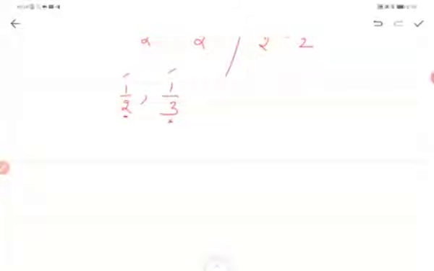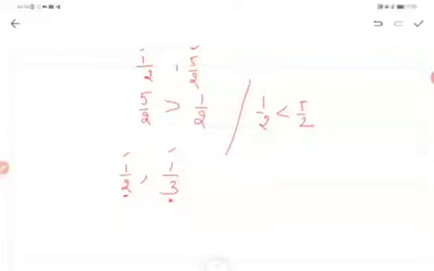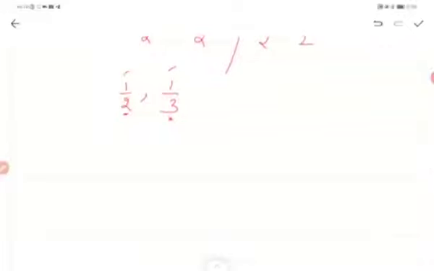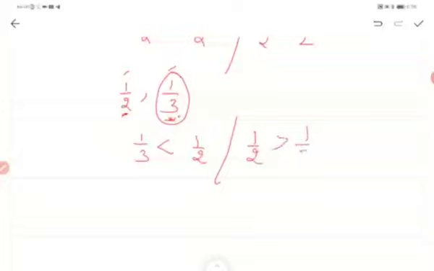Here it is opposite: where numerators are compared, the numerator which is greater is the bigger number. Here, the denominator which is greater, among 2 and 3, 3 is greater, so 1 by 3 will be your smaller number. 1 by 3 is less than 1 by 2, or 1 by 2 is greater than 1 by 3.